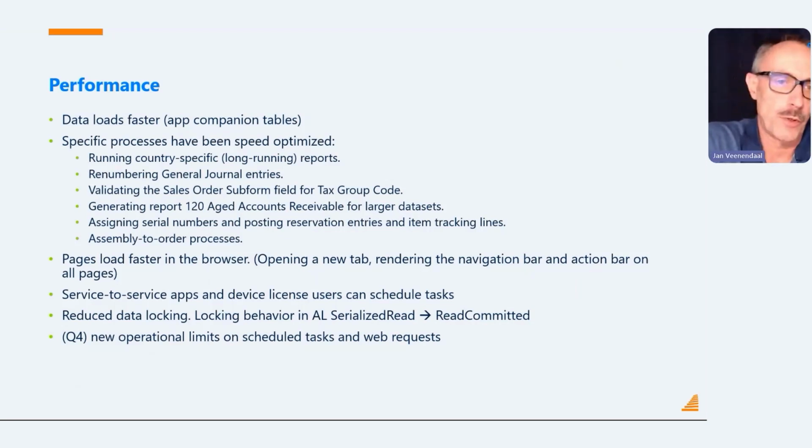Then performance. Performance is always important. And one of the things that has been changed is that the way that tables are stored in the SQL database on the cloud platform has changed, so that the number of joins that the SQL server needs to do to get data from more than one app is decreased.